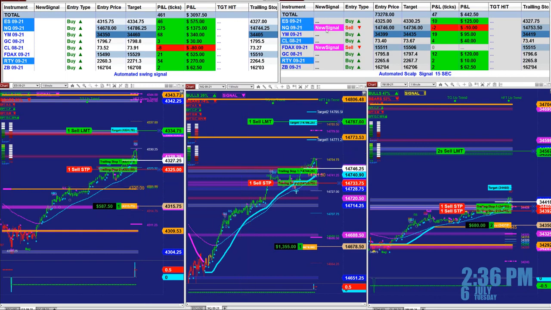As now you can see, we got a new signal on the NASDAQ and we got a new signal on the DAX, and then the auto trade will fire trades based on those two. And if we look at the NASDAQ, it just took that trade.